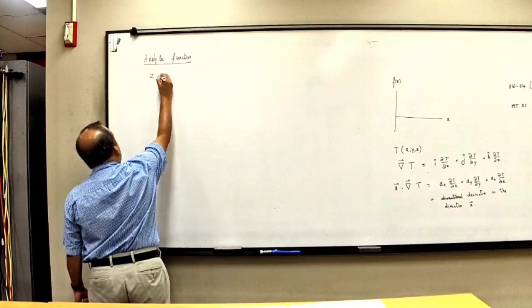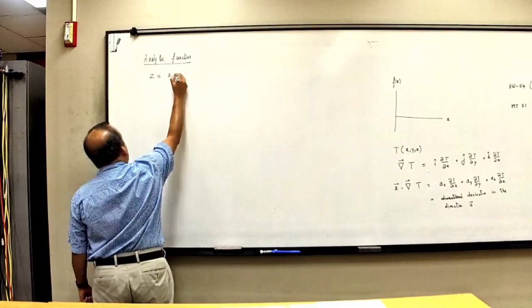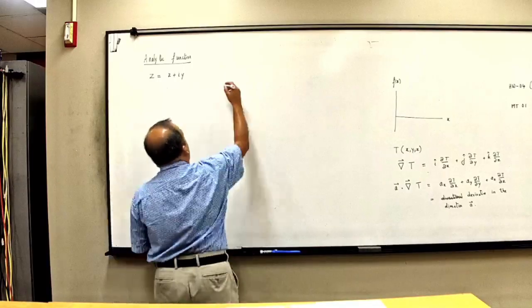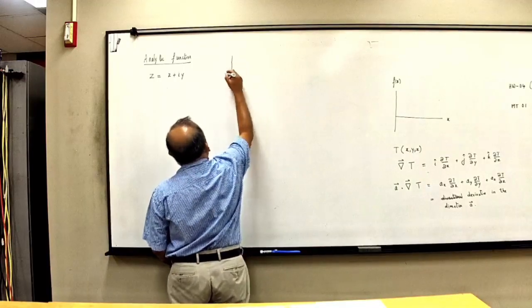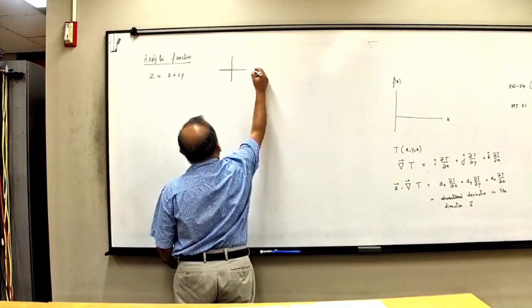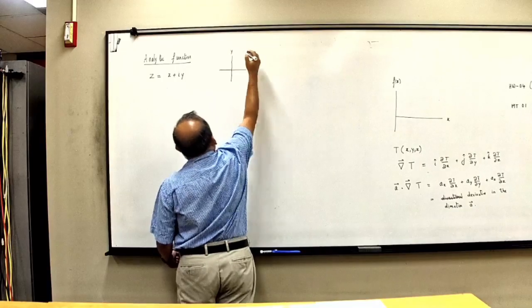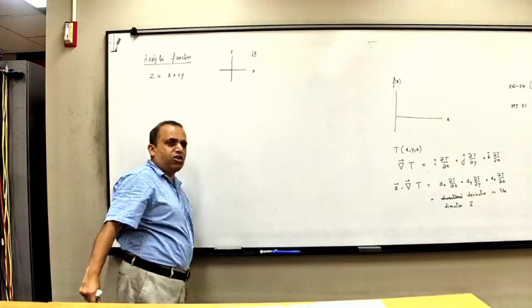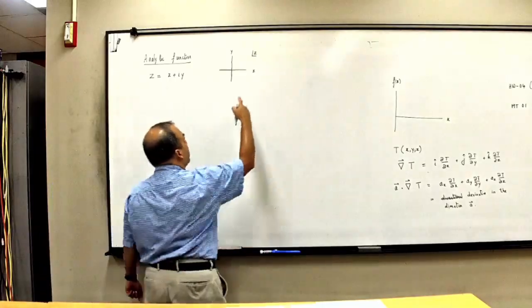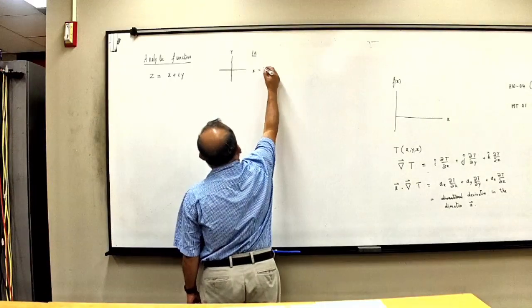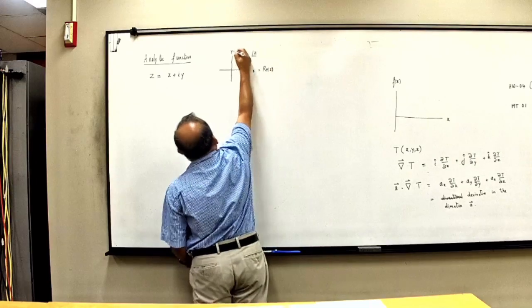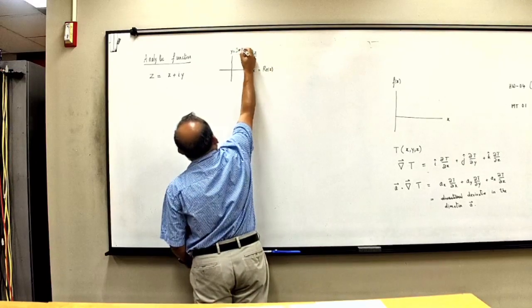z is equal to x plus iy is a complex number, and you can think of it as a complex plane. So there is an x, there is a y. Often you denote this as, this means this is a complex plane. x is called the real part of the complex number z, y is called the imaginary part of the complex number z.